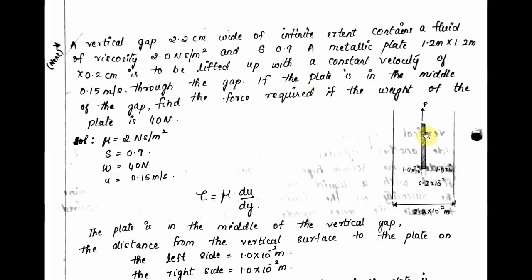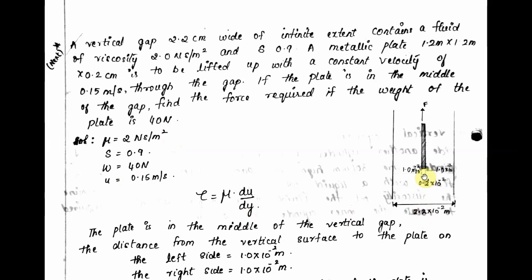Therefore, there is a plate of 1.2 by 1.2 by 0.2 centimeters. Here mu is given as 2 Newton second per square meter. S is equal to 0.9. Weight is equal to 40 newtons and the velocity is equal to 0.15 meters per second.